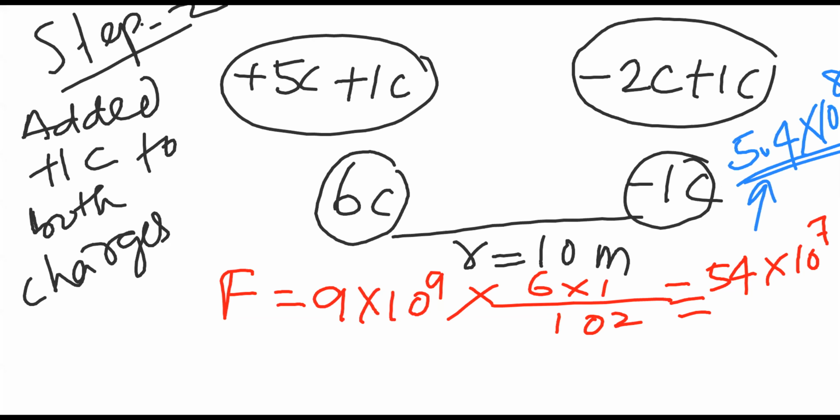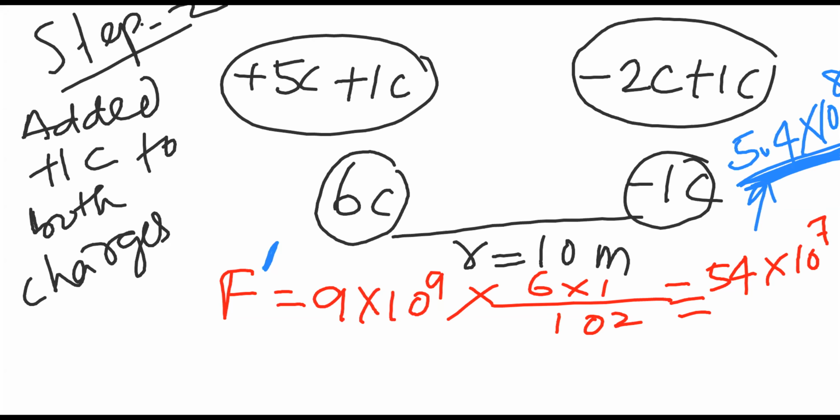From here you are understanding that earlier the force was actually greater, but later the force became less. Earlier when 5 and minus 2 were there, but now you are adding plus 1, plus 1. Now see the force. Suppose you call this F prime. So F prime is coming 5.4 into 10 to the power 8.